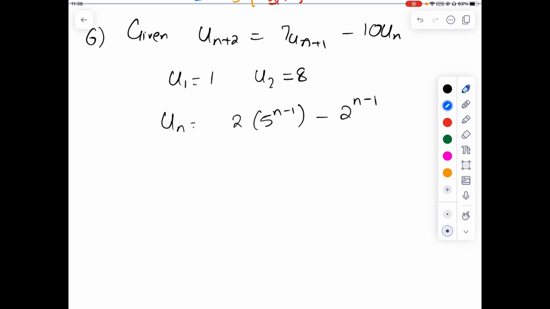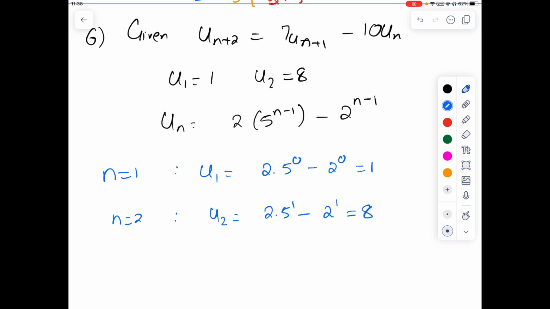So first n equals 1. So u_1 becomes 2 times (5^0 minus 2^0), which is 1. That is correct. Then n equals 2, so u_2 will become 2 times (5^1 minus 2^1), which is 8. That is also correct.